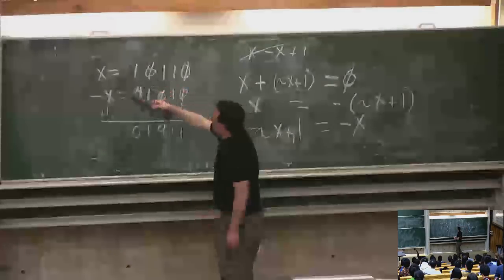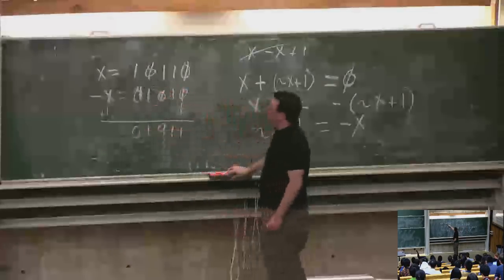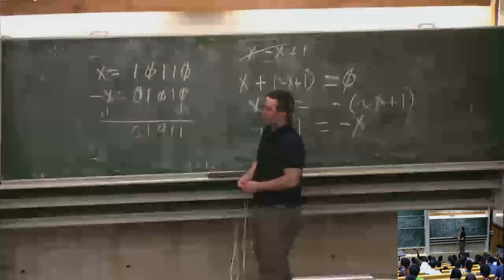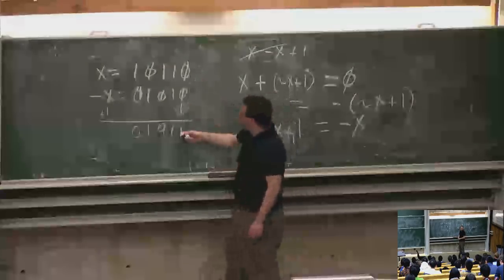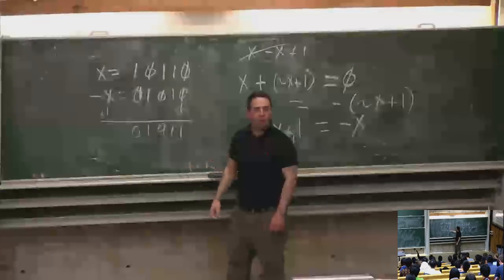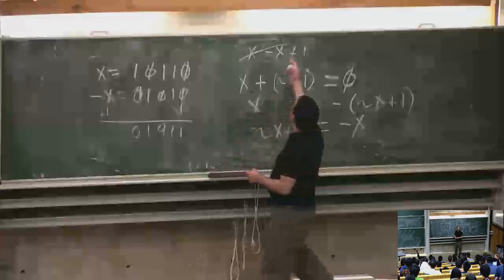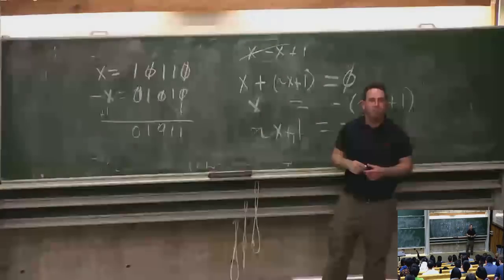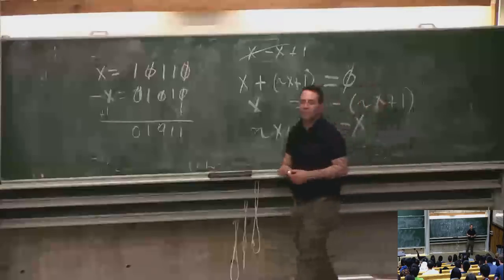So what do I get if I add x to negative x plus 1? Zero and 1 is a 1, right? Everything else is the same. I get my 1. You see that?